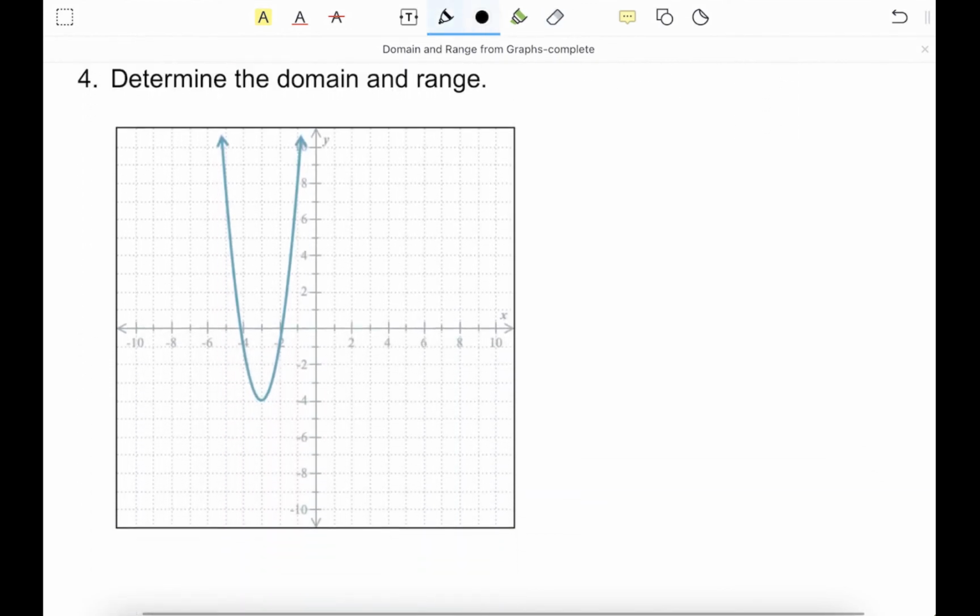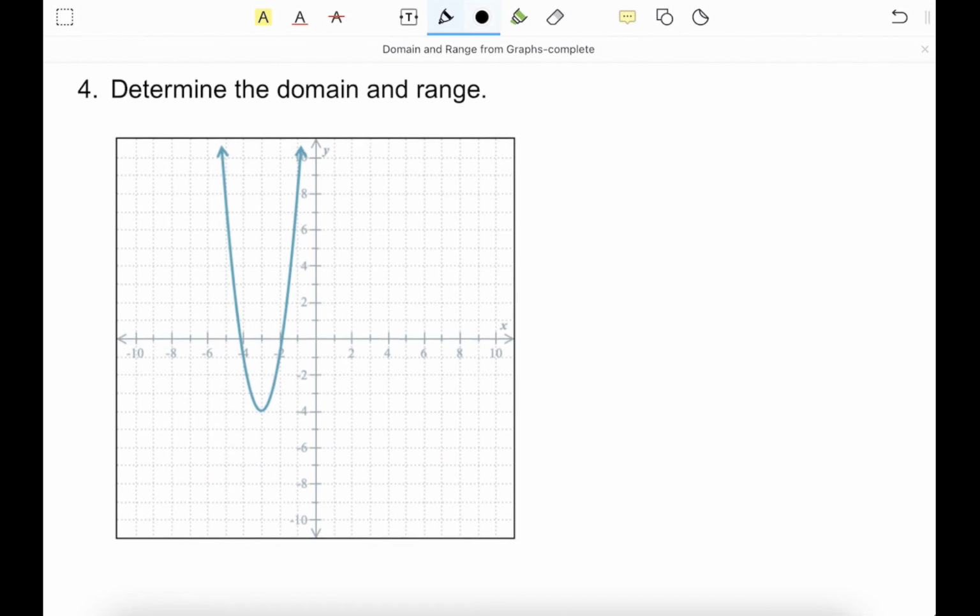Okay, looking at this one, this is a parabola opening upward. And since it's pointing up to the left here and up to the right here, it's going from negative infinity to infinity for the domain. So all real numbers are included in the domain.